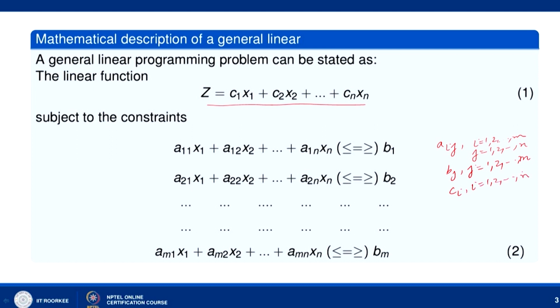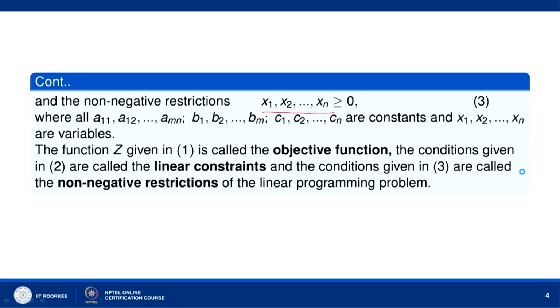So, aij's, bj's and ci's are all constants. xi's where i runs from 1 to n are all non-negative. So, these are non-negative restrictions and these are constants.